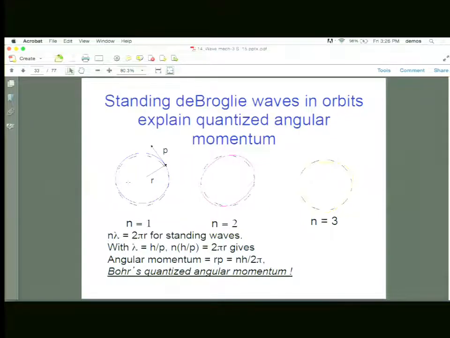And so let's imagine you start out with an electron here, and it's going around the orbit, and it goes below the line first, and it comes back on itself, and this is one wave. To have a super constructive interference, you would have to have one wavelength in the distance you go around the circle, which would be 2 pi r.